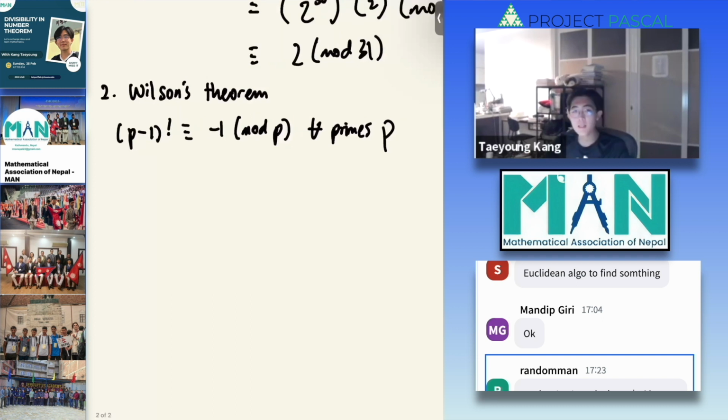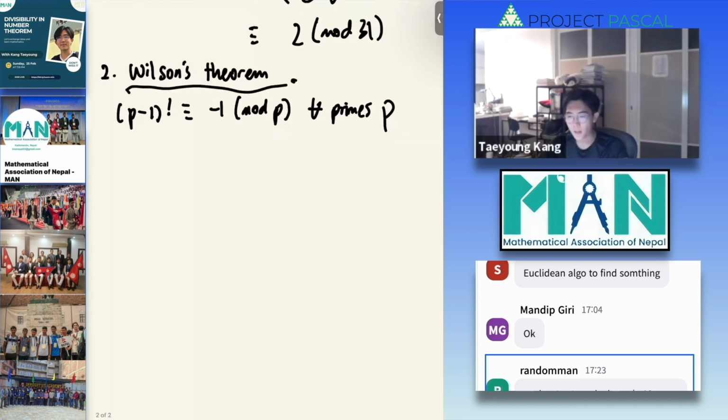This isn't as common as Fermat's little theorem when it comes to Olympiads, but it is a very important theorem, especially when they ask for the modulo or congruence of a factorial mod p. Whenever you see some sort of factorial and you want to evaluate it modulo a prime, the first idea that should come to mind is Wilson's theorem.